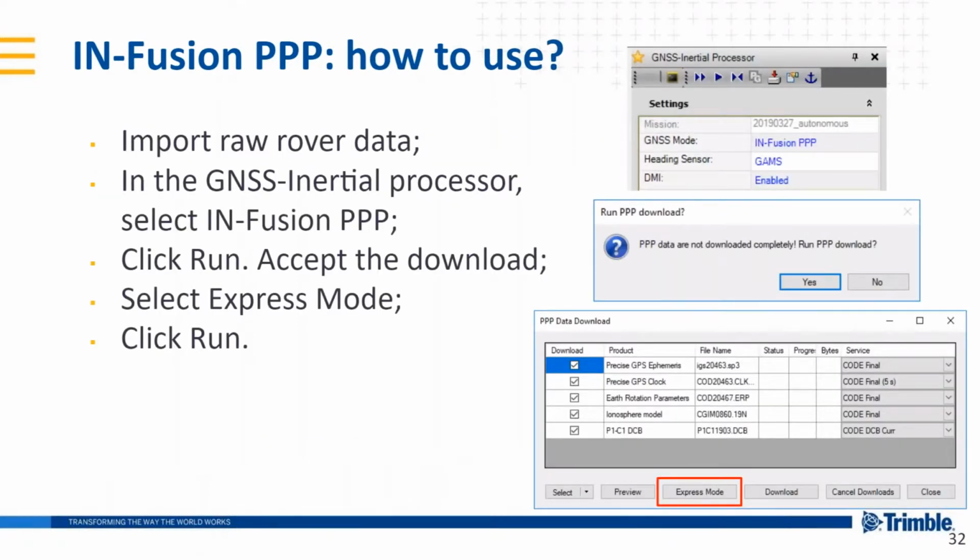How to use PPP? Simply import the raw data, and in the GNSS inertial processor, select Infusion PPP to run the processing. You need to accept the PPP download and select the express mode.